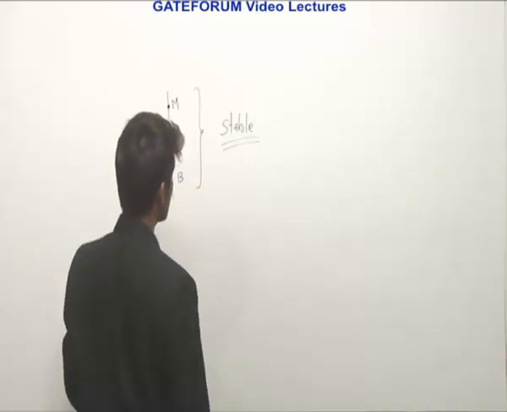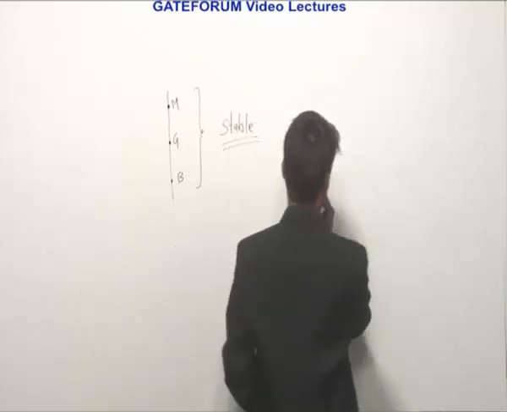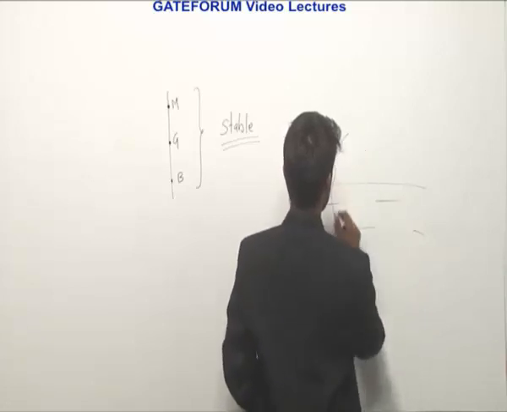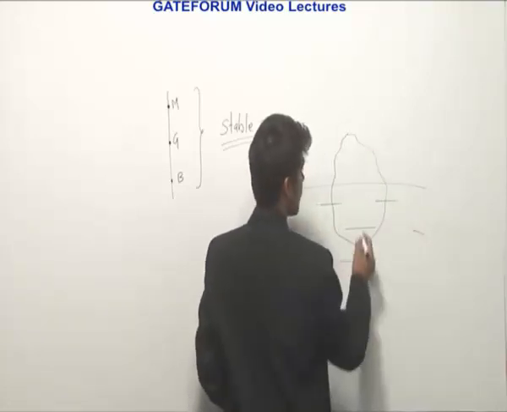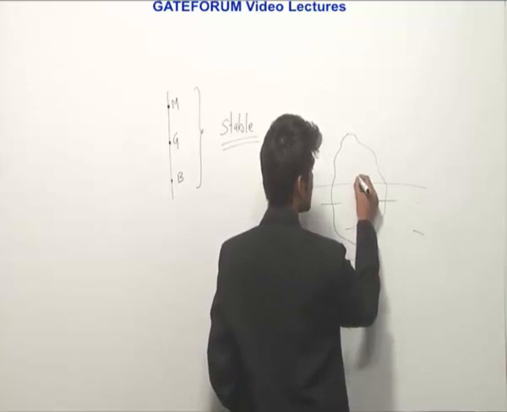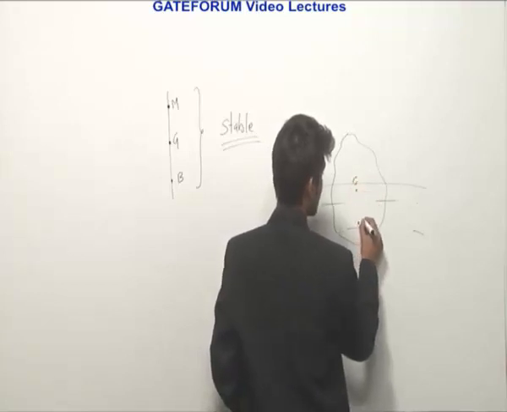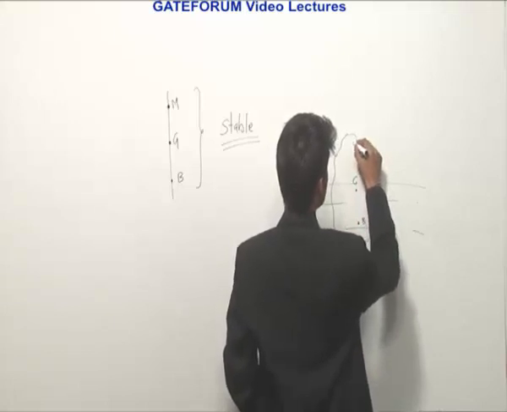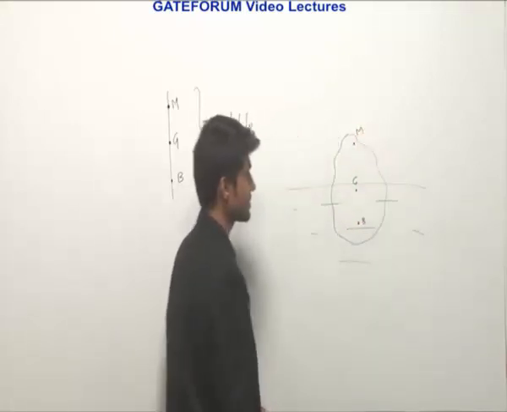M is the metacenter. We can understand this concept by one example also. Assume I have some random body. For this, the center of gravity is here. Here is the center of buoyancy, and there will be a metacenter at some point like this.